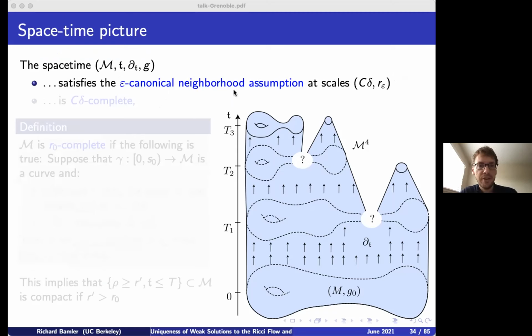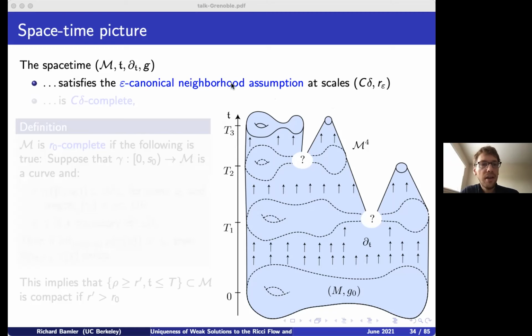The epsilon canonical neighborhood assumption said that at points of certain scales, these are locally epsilon modeled on final time slices of kappa solutions. And for a spacetime, I can still make sense of this condition. I can just look at every single time slice, which are Riemannian manifolds, and ask whether high curvature points are epsilon modeled on kappa solutions.